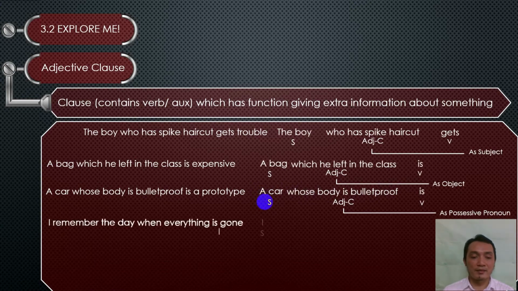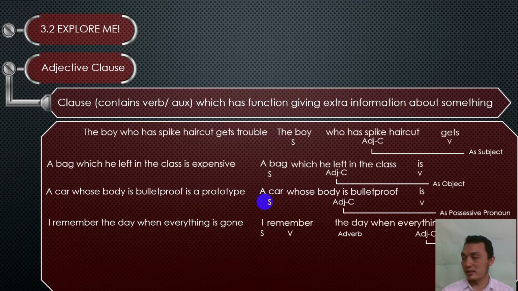Next, "I remember the day when everything is gone." "I remember" and "the day" is an adverb. "When everything is gone" is an adjective clause as adverb of time. "I" is the subject, "remember" is the verb, and then "the day" is an adverb of time, followed by the question word that functions as an adjective clause.